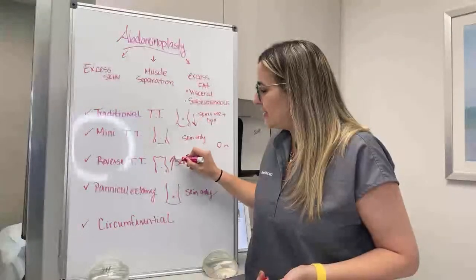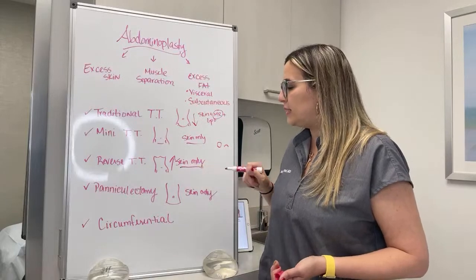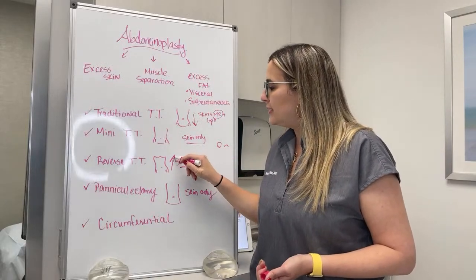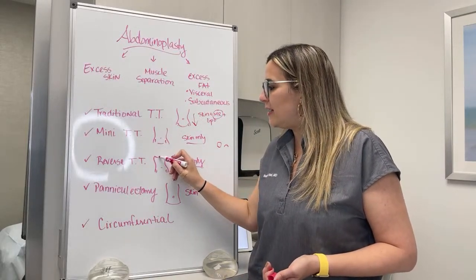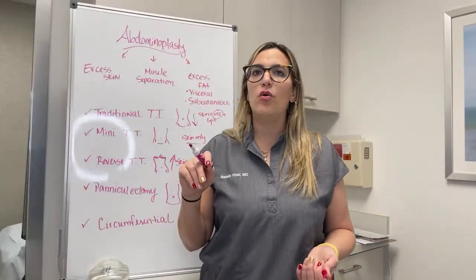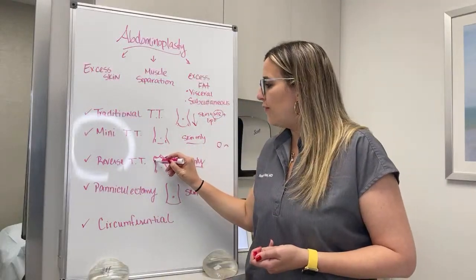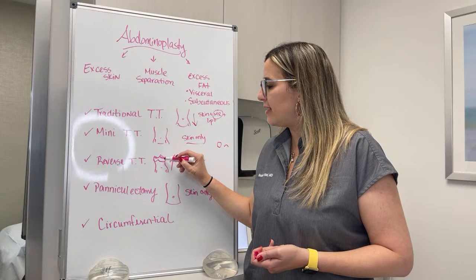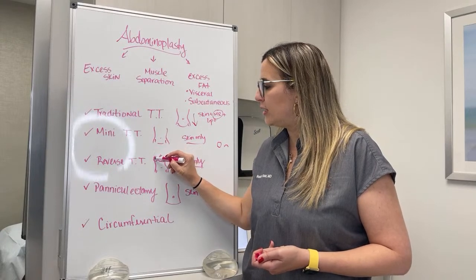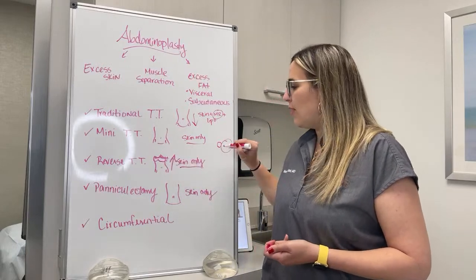But it does not include muscle repair, okay? So it's skin only, like the mini tummy tuck, and it pulls the skin up and hides it below the breast, like the Wise pattern or the anchor type of breast lift, okay? So it's removal of a pattern more or less like this of skin, pulling it up and closing it under the breast. So it takes care of excess skin around the belly button.